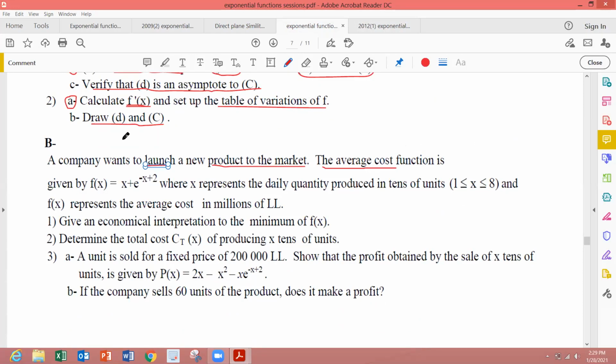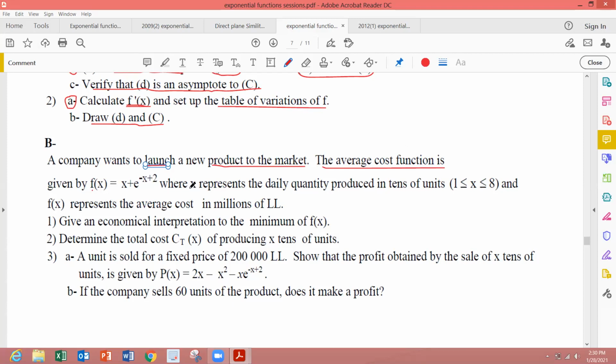Okay, good. The average cost is given by f(x). This is the average cost, f(x), equals x plus e to the power minus x plus 2, where x represents the daily quantity of production in tens.